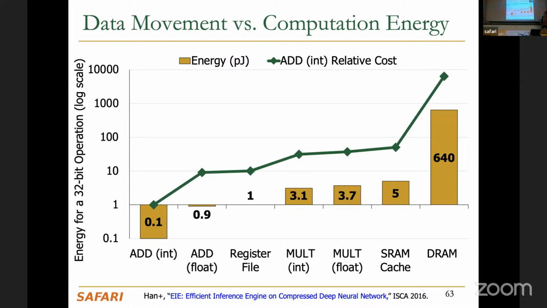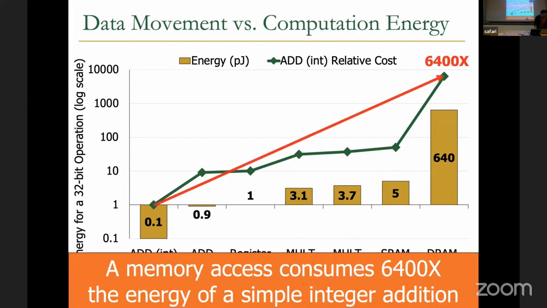And you can see what a huge difference exists between computing or even accessing data on chip, because the SRAM cache is on chip, same as the register file, compared to accessing data off chip. So it's much more energy accessing data off chip. We are talking about 6,400 times more energy for a memory access than a simple integer addition.